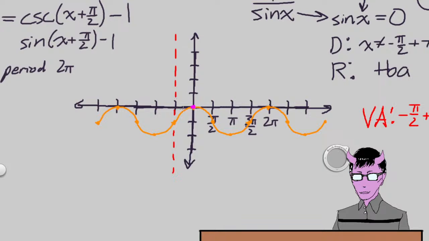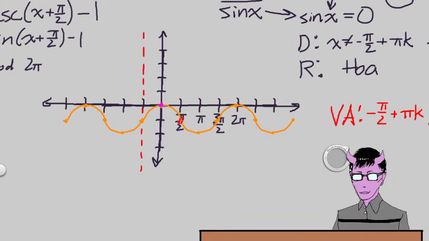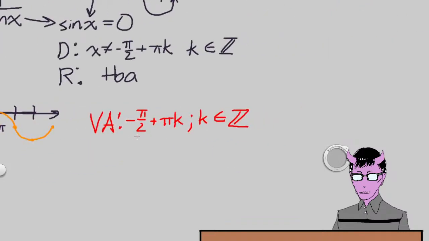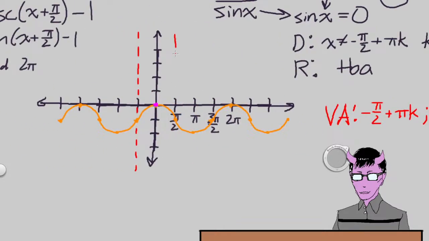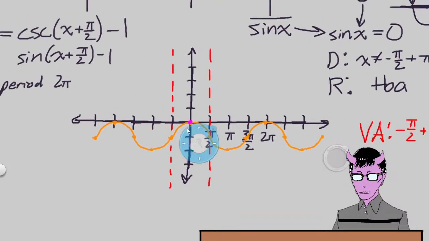And that's very important. So this node right here, that's going to be the next vertical asymptote, because if we add one positive pi to this negative pi over 2, we get positive pi over 2, which is right here. And that's going to keep happening.